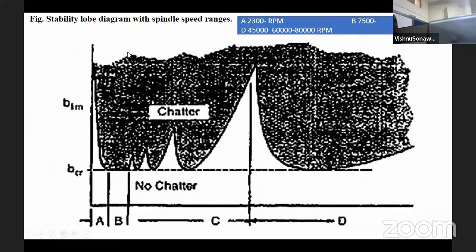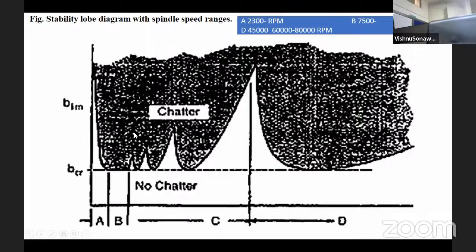Here this is the stability lobe diagram with spindle speed ranges. When we are giving the proper speed, feed and depth of cut, initially what will happen? In conventional machining, the cutting speed slowly increases, and up to 2300 revolutions per minute the width and thickness of the chip removal, the cutting chip, is maximum.